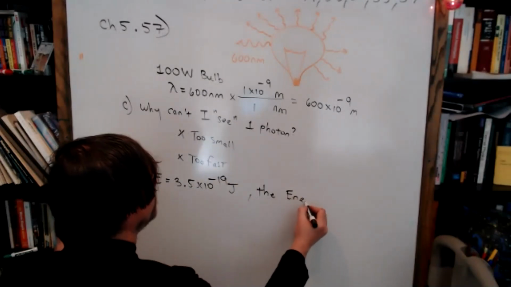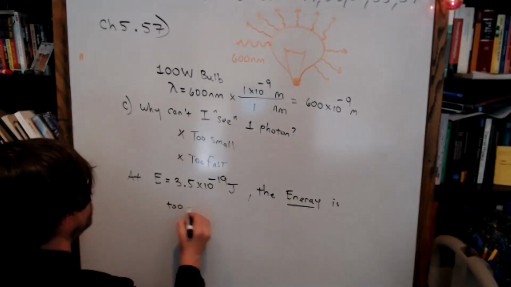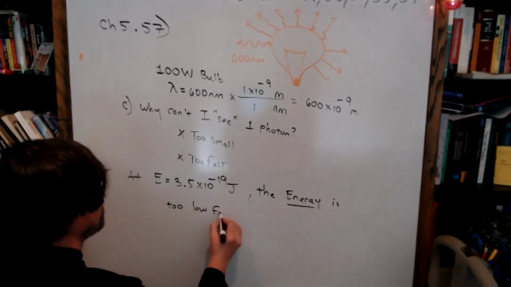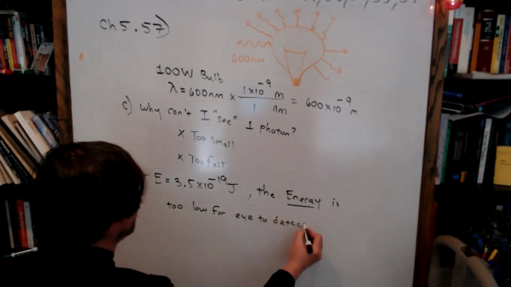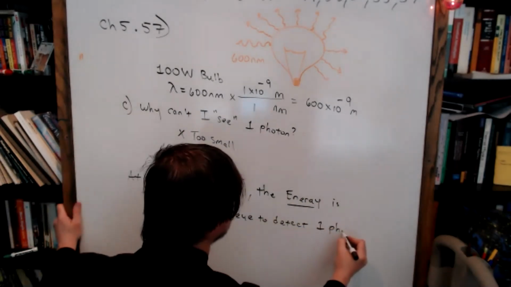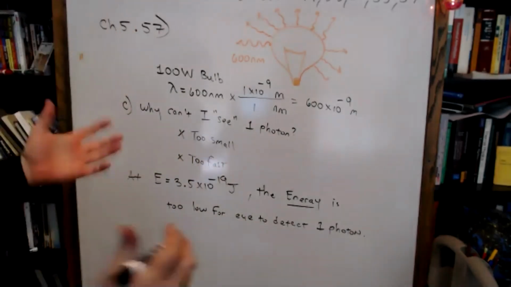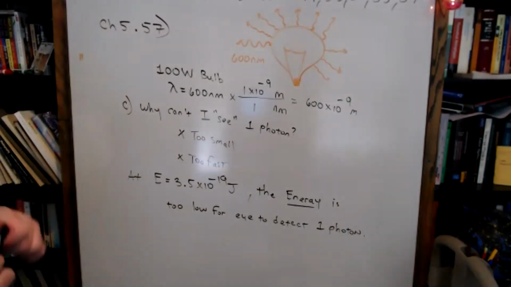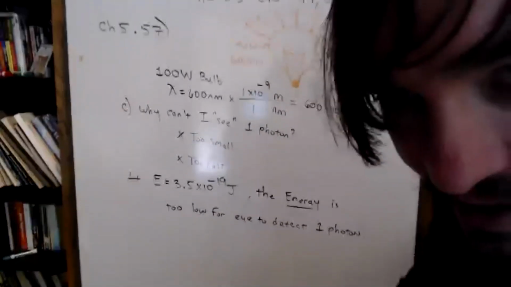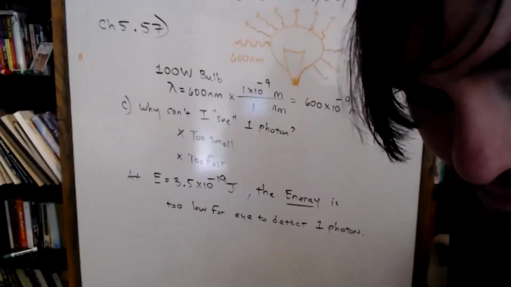It's that the energy is too low for the eye to detect 1 photon. You probably need a minimum threshold of like 1 million photons before it triggers the senses in your eye. Kind of like how a mosquito cannot always be felt because they land so gently on your skin that they don't tickle your sensory receptors.